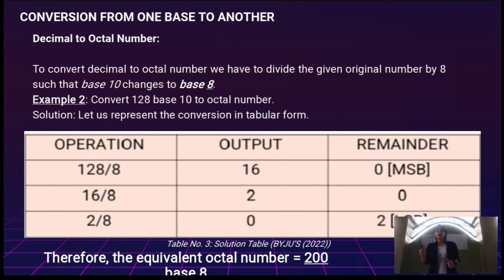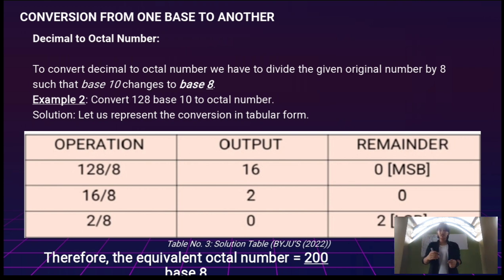So let's deepen our understanding with a given example. Convert 128 with a base of 10 to octal number. Instead of using base 10, we need to use the base of the octal number, which is 8. As we can see, we have the operation, output, and remainder.